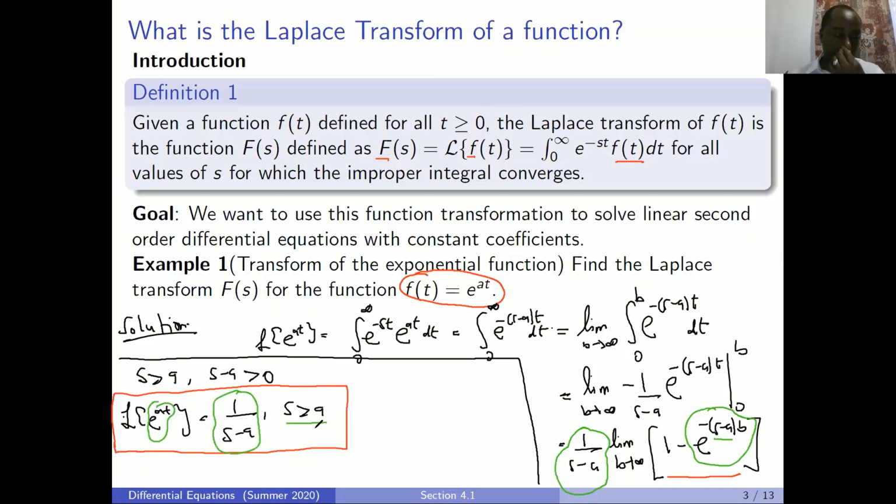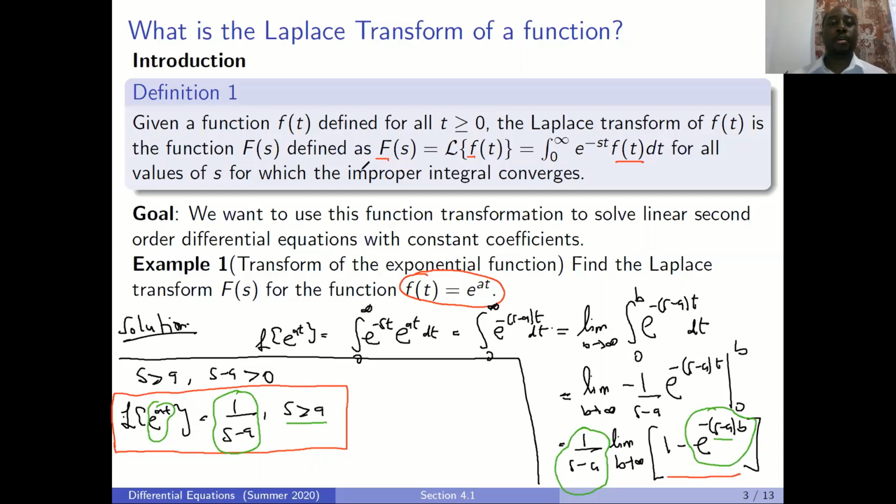And that is really what the Laplace transform is. It takes us from one function to another. And that simple process of changing the nature of the function in this way is going to prove itself to become very, very useful down the line.